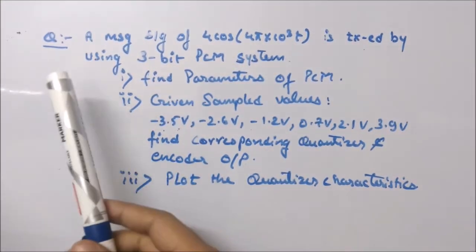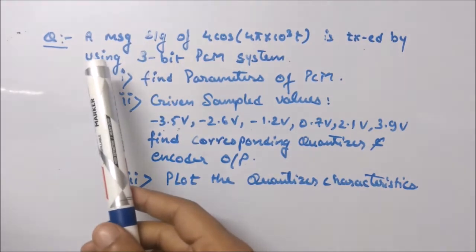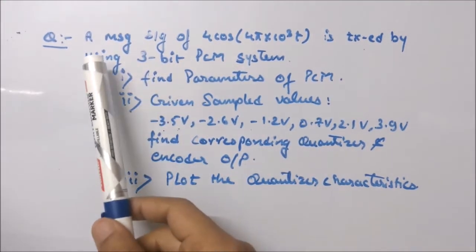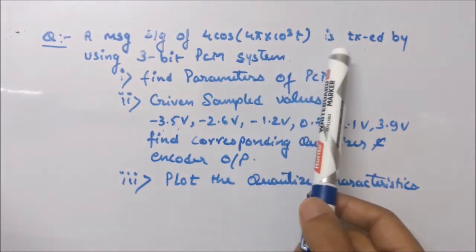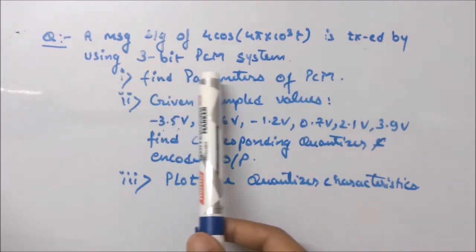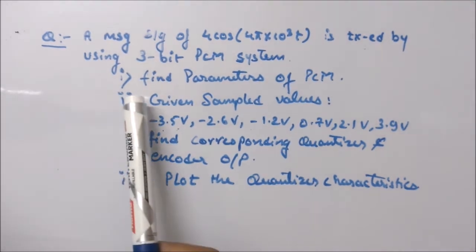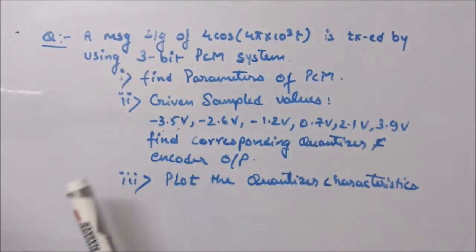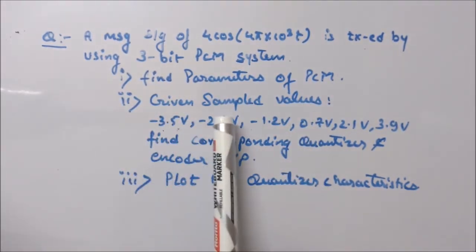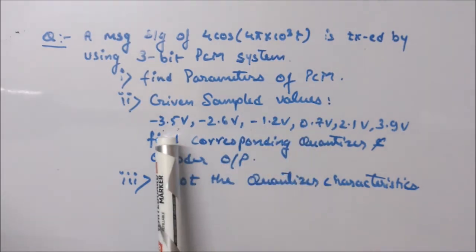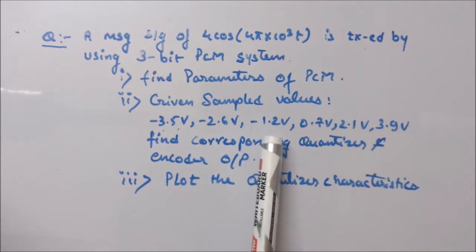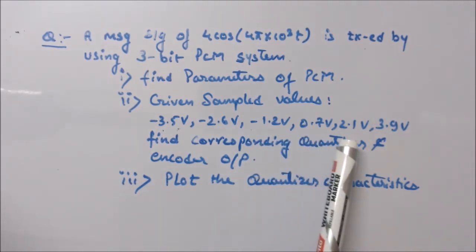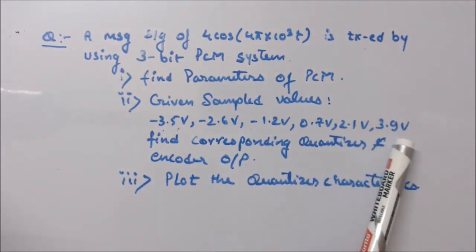Let's take an example. Here you can see I've written an equation. I will read it. A message signal of 4 cos(4π×10^3 t) is transmitted by using a 3-bit PCM system. First, you need to find the parameters of PCM. Second, the given sampled values are as follows: -3.5 volt, -2.6 volt, -1.2 volt, 0.7 volt, 2.1 volt, 3.9 volt.